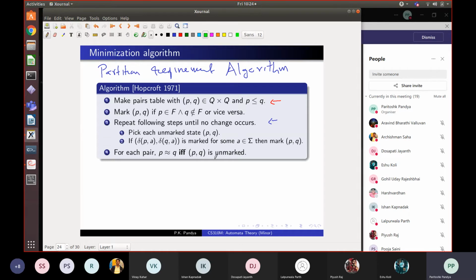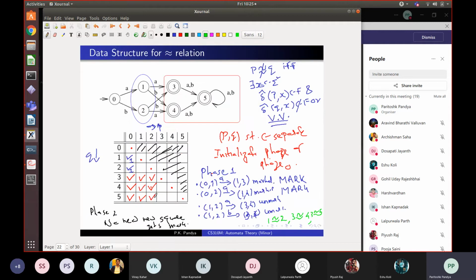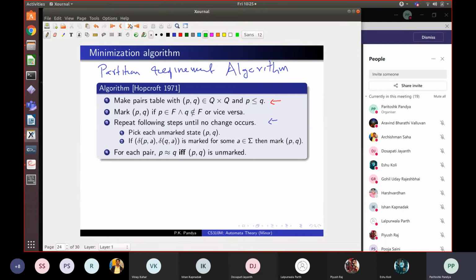For the lower triangular matrix, first you do the initialization phase, that is phase 0, which is step 2. In phase 0, you mark all the pairs PQ such that one of them is final and the other is non-final, which is what we had done in red here, right? All final and non-final states we had already separated because they can be separated by the empty string.